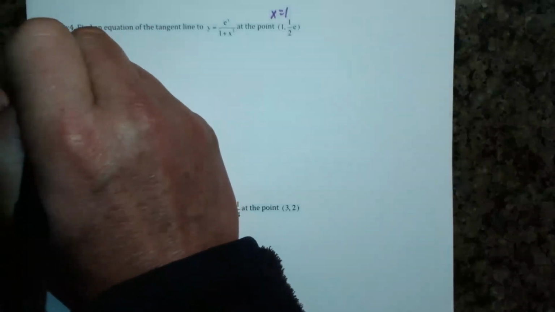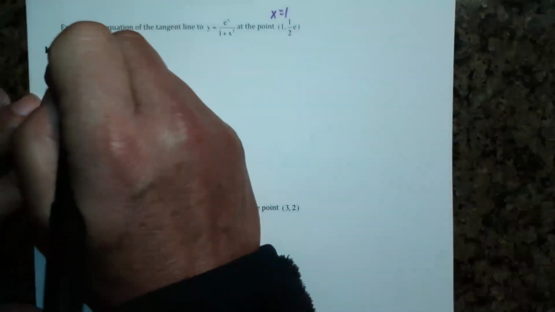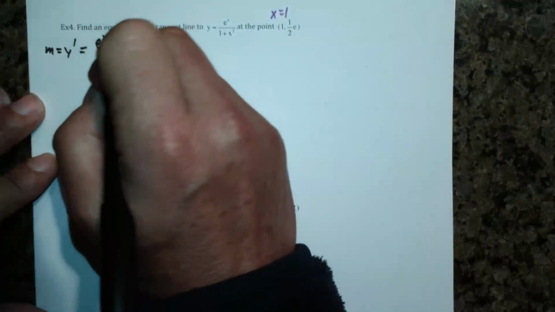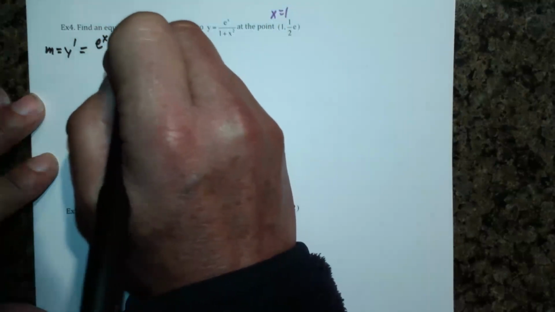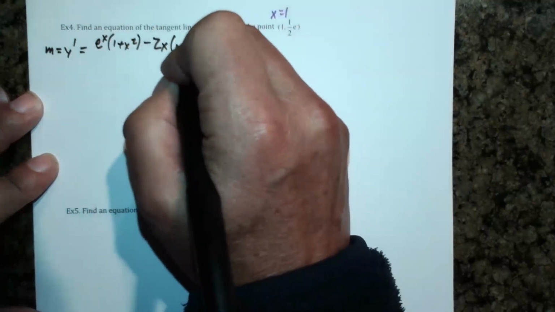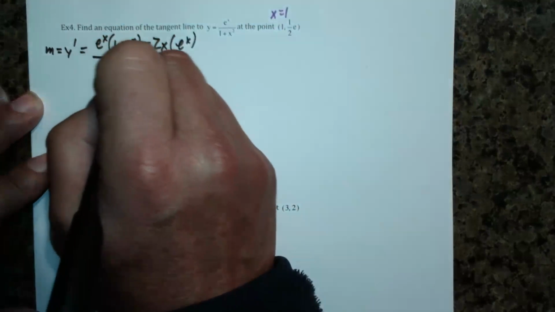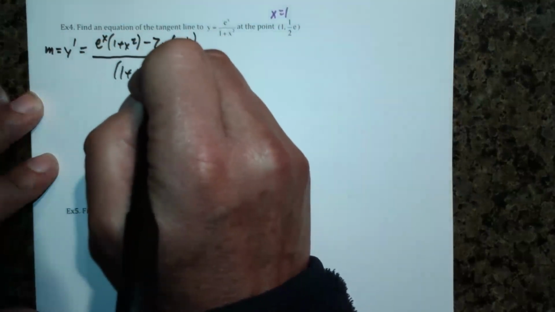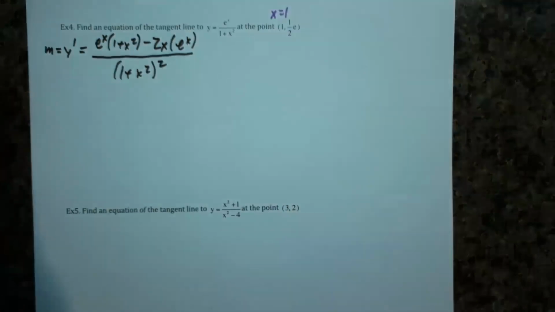So the slope, which is y prime, is going to be the derivative of the numerator, which is just e to the x, times the denominator, minus the derivative of the denominator, which is 2x, times the numerator, which is e to the x, all over this here.